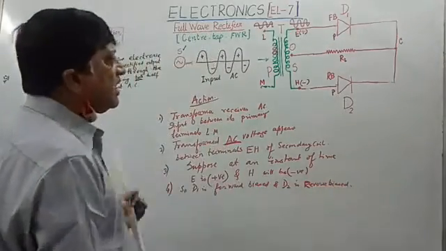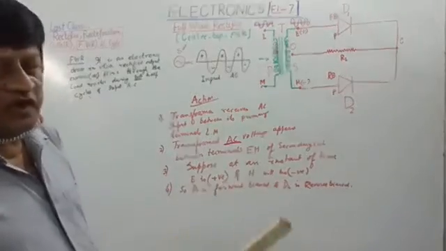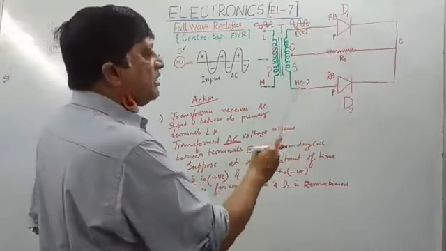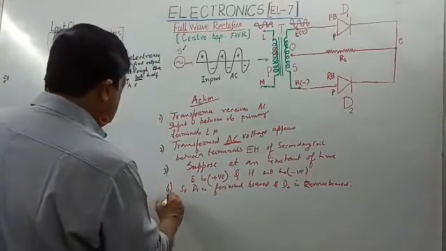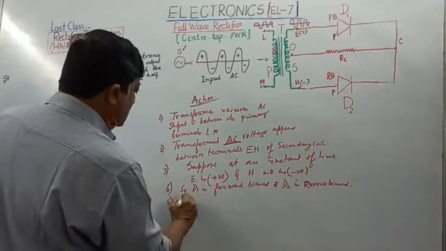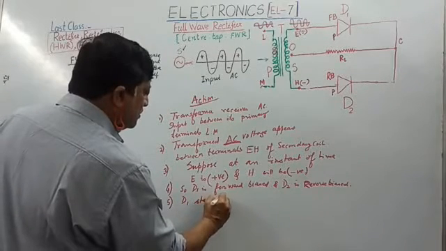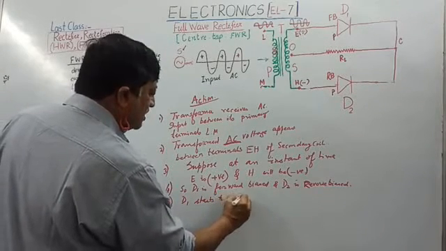When D2 is reverse biased, will it conduct? The answer is no. So it will not conduct, but D1 will conduct. D1 starts to conduct.